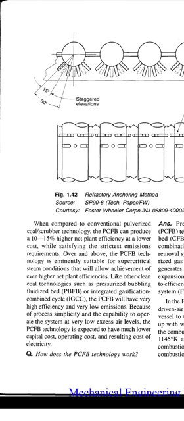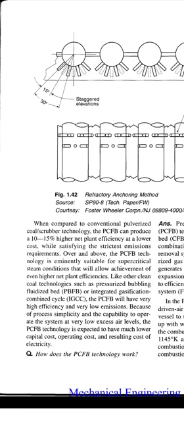Like other clean coal technologies such as pressurized bubbling fluidized bed or integrated gasification combined cycle, the PCFB will have very high efficiency and very low emissions because of process simplicity and the capability to operate the system at very low excess air levels.